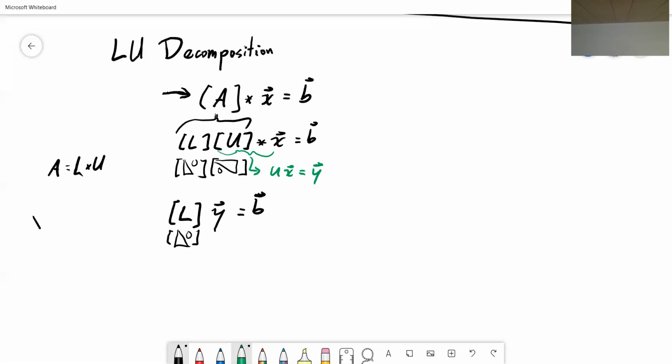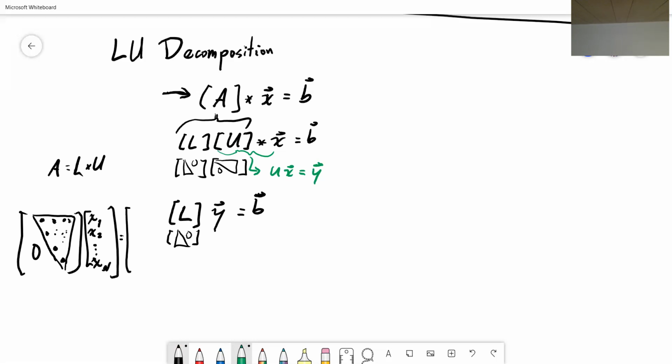At the end of Gaussian elimination, we had some matrix of coefficients with an element on all the diagonals, and zeros below, times the variables x1, x2, all the way to xn, equals some b's, b1, b2, all the way to bn. So we had this last row that only had one coefficient that was not zero times the variables equals bn.